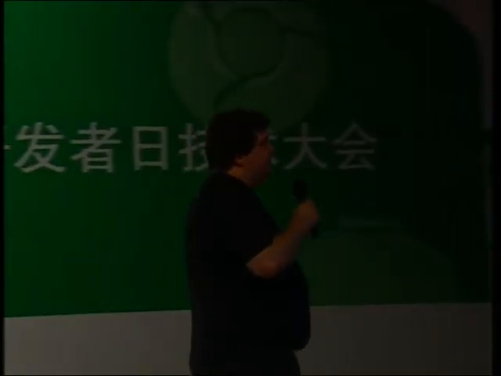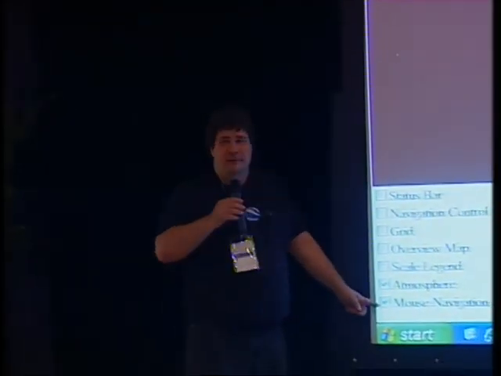Okay, so let me show you some of the options that are available to you. You'll see down here we have a list of these different options. One of them includes mouse navigation. You can turn this off very easily, just by setting an option, and that would prevent me from moving around using the mouse.